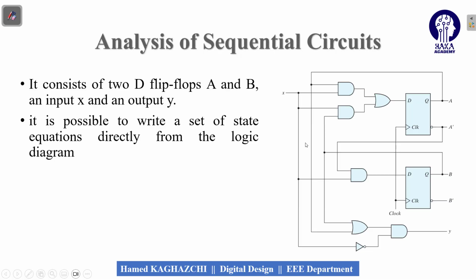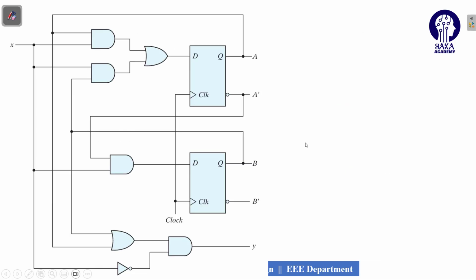Now let's start to analyze this circuit. One by one, again, for finding the input equation, you have to start from the input and find the output of all of the gates up to reaching the input of the flip-flop.